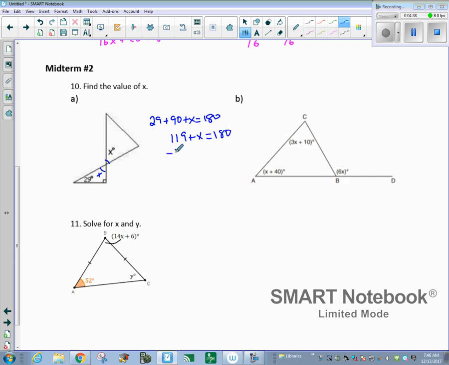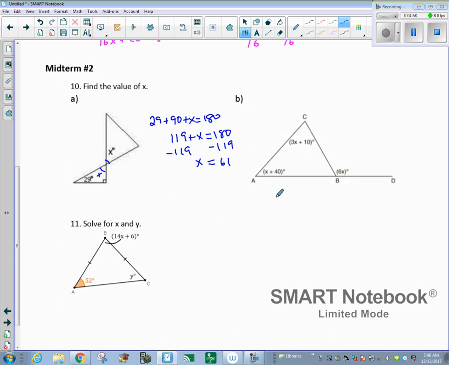And then if I subtract 119 across the equal sign, x comes out to be 61 degrees, and that's really what we were looking for. So that top angle is 61, so is that angle up there.